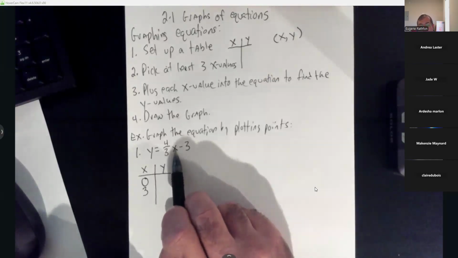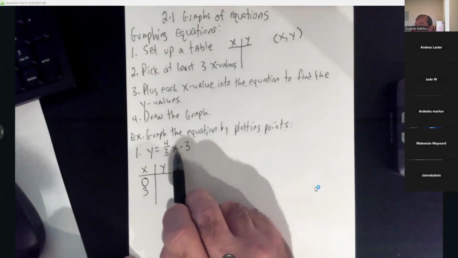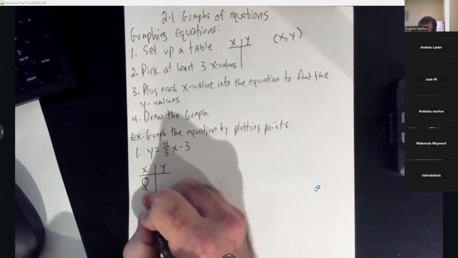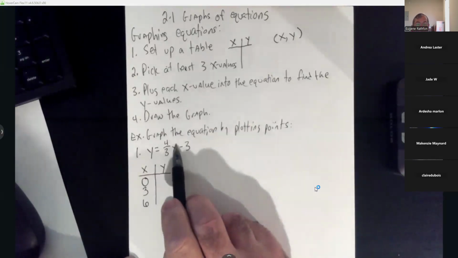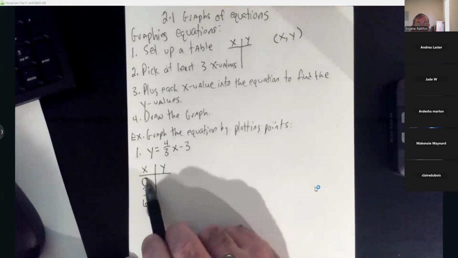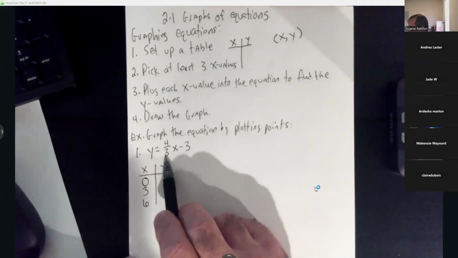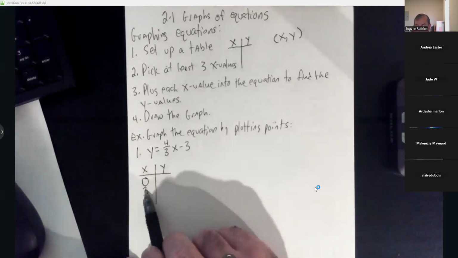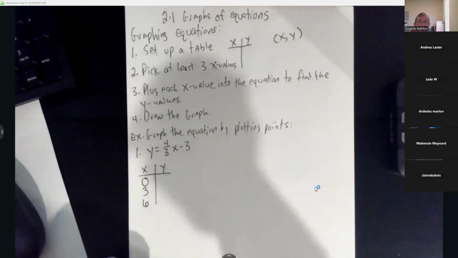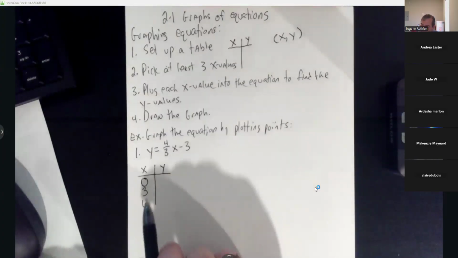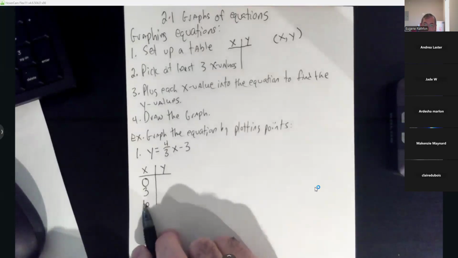Another number I would use would probably be a 6 or even a -3 or a -6. When you got a fraction like this, you want to pick x values that are multiples of that 3, okay? So 3, 6, 9, 12, numbers like that would work. And they can be positive or negative.